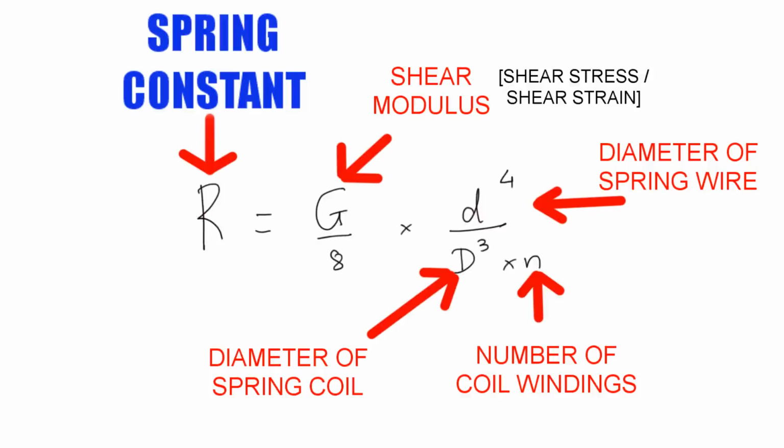And now comes the important part. If this spring constant is high, then the vehicle will be able to take turns properly. In other words, the stability of the vehicle will increase during cornering when the stiffness is high.